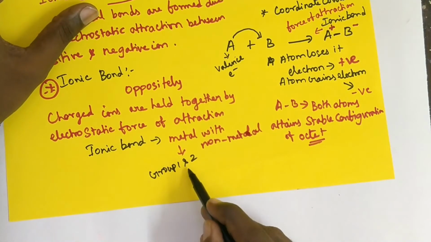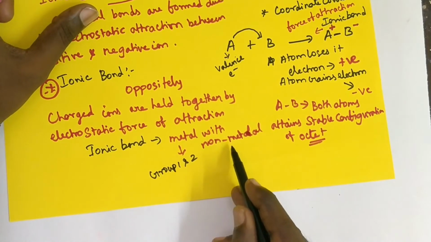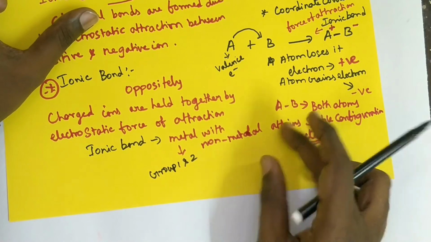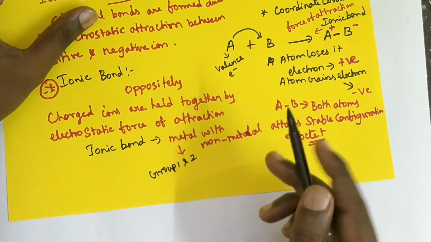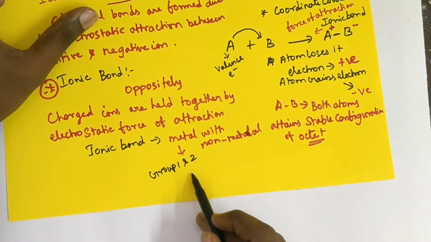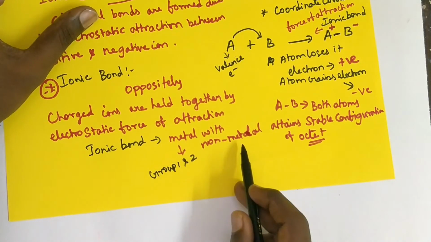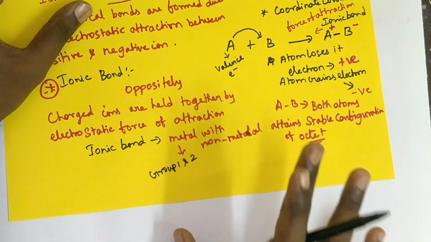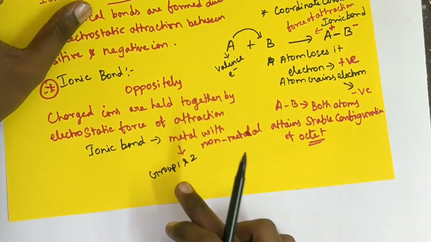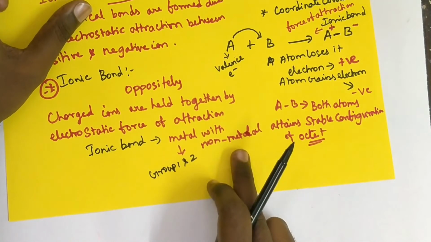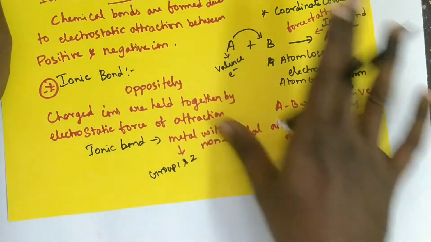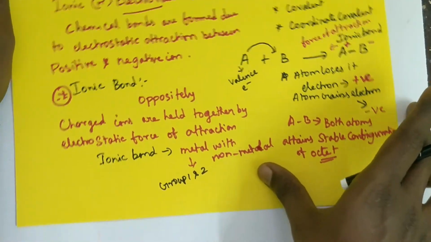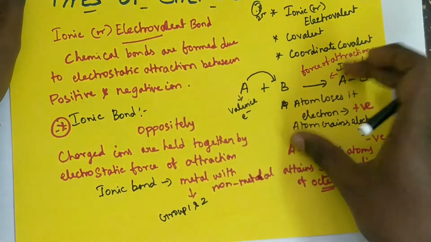Always remember this: group 1 and group 2 metals react with non-metals to form an ionic bond or ionic compound. So most of the ionic bonds are formed by group 1 and group 2 metals with non-metals. So these are about ionic bond: the introduction, definition and general example.